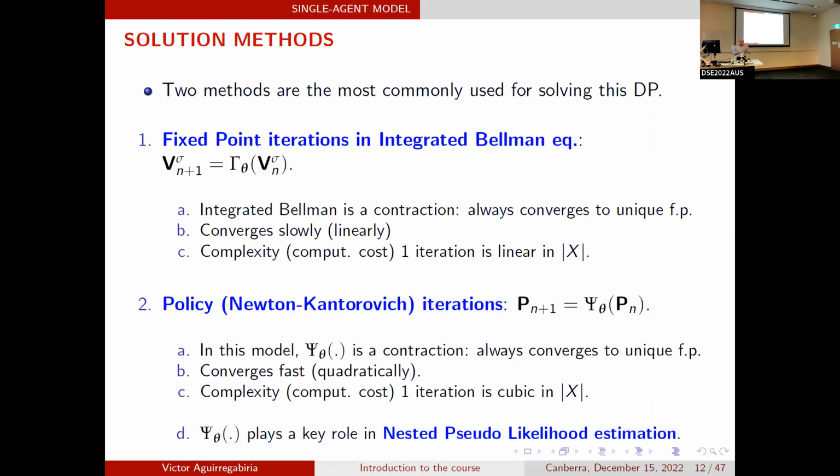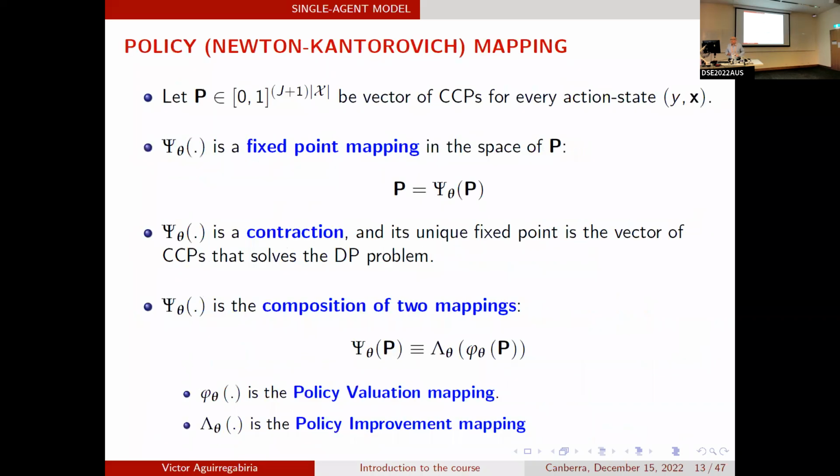Let me say a little bit more about this policy iteration or Newton-Kantorovich mapping. P is the vector of all the choice probabilities for every possible action and every possible state, and it's a mapping from the space of this vector of choice probabilities into itself.